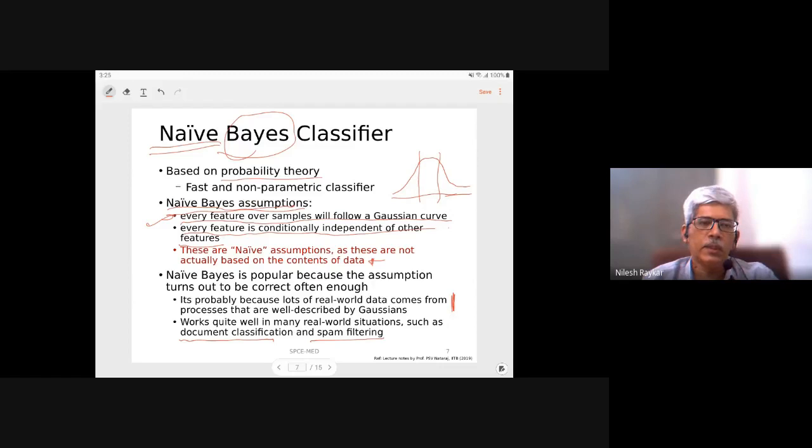Given an entire book and the set of words that it contains, you classify it as a theory book, or fiction, or a crime story. Spam filtering we already know. Each of them has a huge number of data and the number of features is very high. In such situations, the naive Bayes classifier works pretty well.